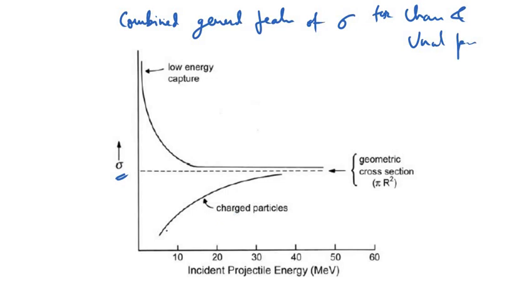This one is the case for the charged particle and this is for the uncharged particle. And this value is the geometric cross section pi R square. So this is the behavior of the cross section as a function of incident projectile energy.